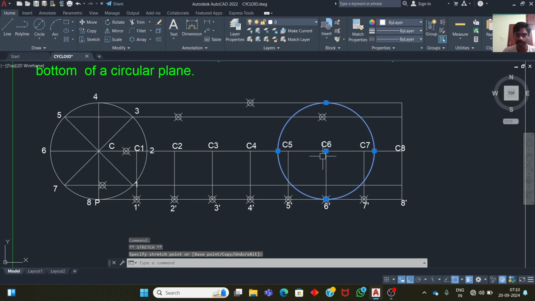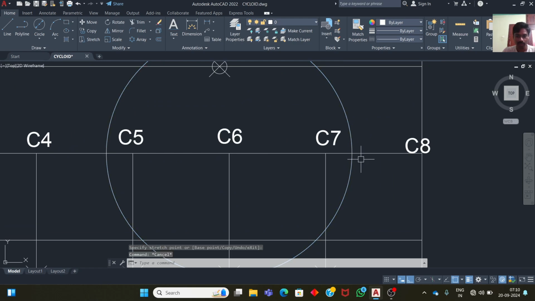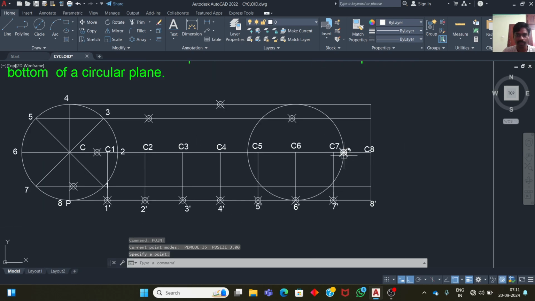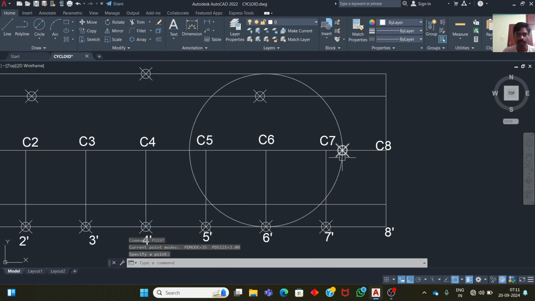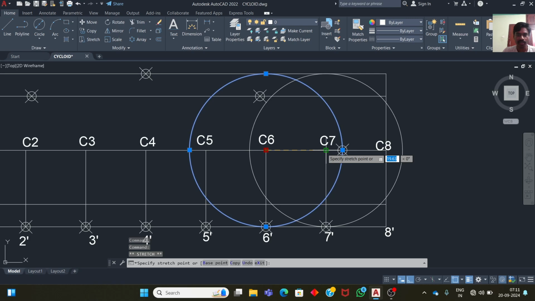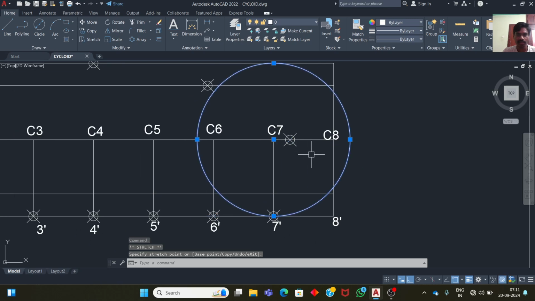This is the sixth line, so on this sixth line we have to make a point here. Okay, this is point 6, and then move the circle from C6 to C7.